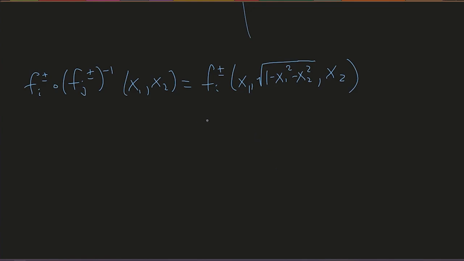So now if we let f_i act on this, there's a number of ways this can go, obviously. If we assume that i is going to go after the middle slot, then we can get something back like this. Or if it goes after x2, we can get something like this.